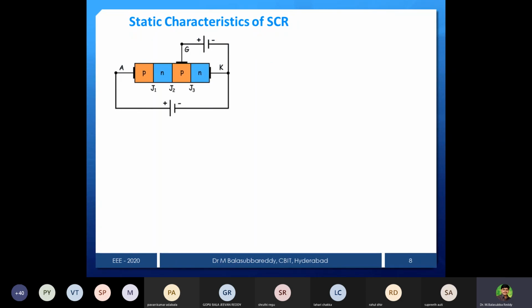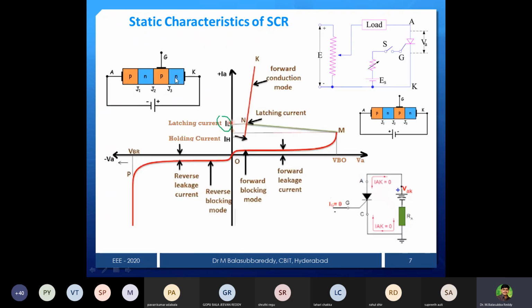Next, you can see the static characteristics only. What we observed in the previous one was applying the anode to cathode voltage, but not the gate. Then what is the use of the gate? If I open the gate and apply only the anode to cathode voltage, whether in the forward or the reverse condition, suddenly junction J2 breaks down, and very fast transients take place because it goes from the off state to the on state.